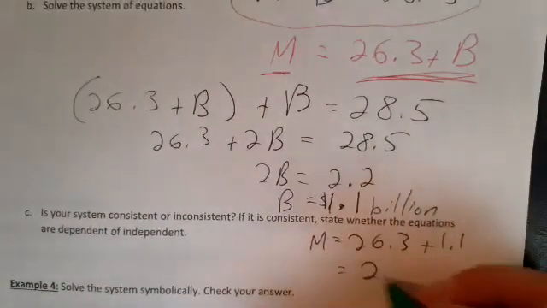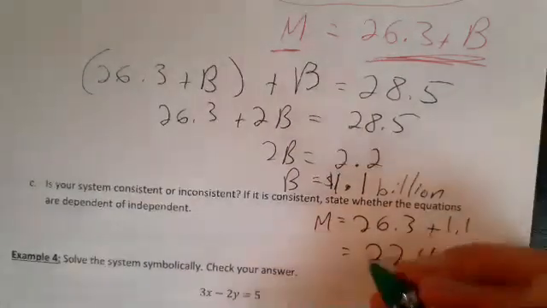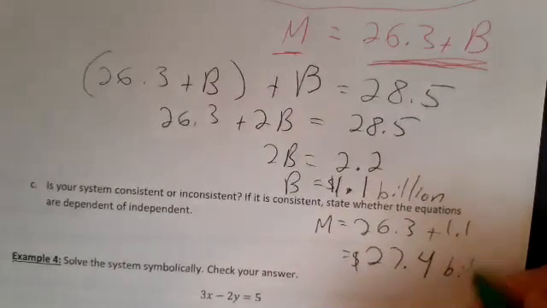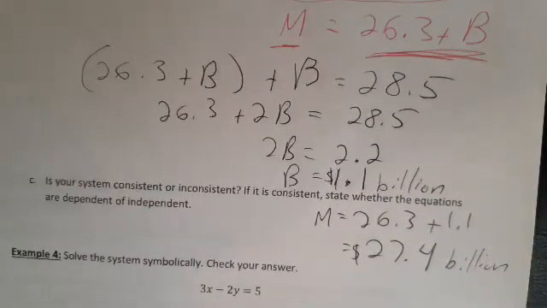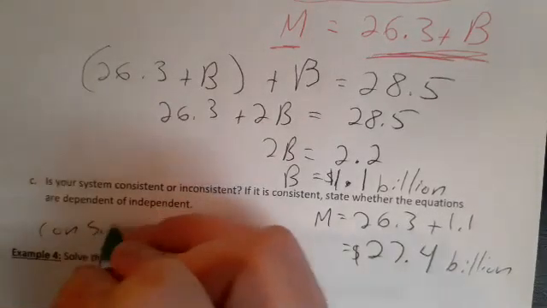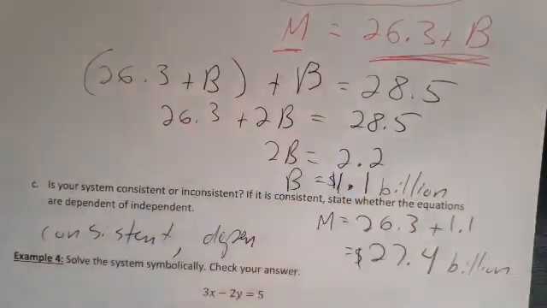That should give me 27.4. So McDonald's revenue is 27.4 billion. And guess what? We got a singular solution, so I will hurry up with this vocabulary, but it's consistent and independent.